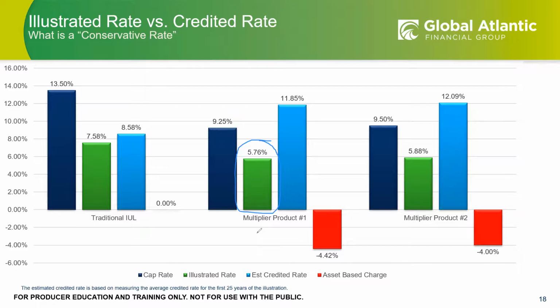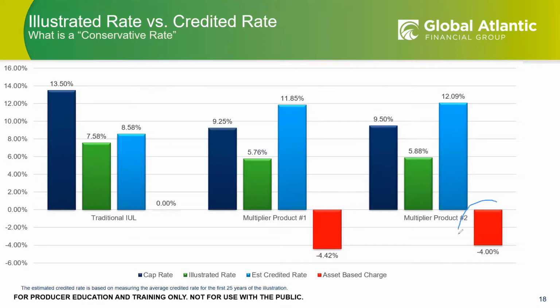But then the piece you have to take next is you have to subtract out whatever the charge was for that bonus. So let's say for that 50% bonus your charge was 4.42%, or let's do easier math here.